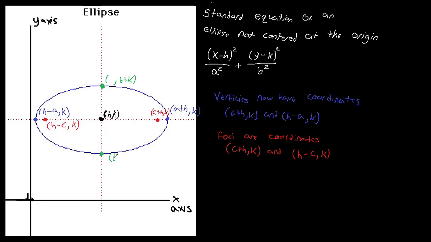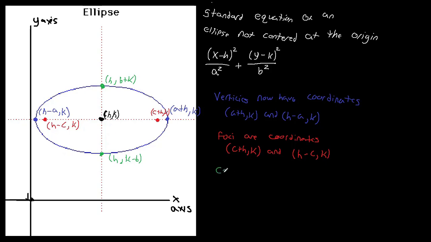So this is k minus b. Oh, sorry, that would be in the y, not the x. So it would actually be comma k minus b. And the x for these would both be h, because we're going out along the x-axis the same distance.